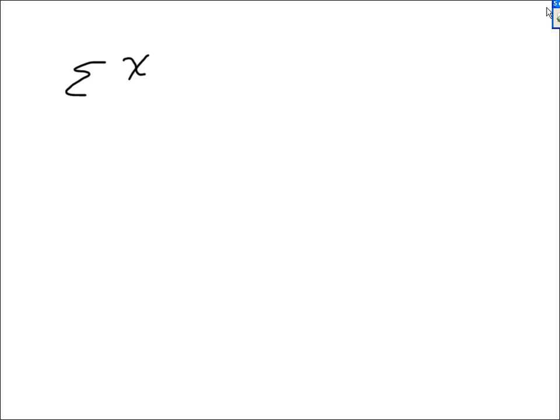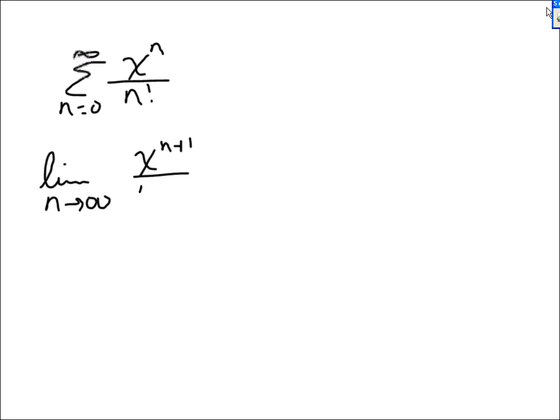Suppose you have x to the n over n factorial. What's the interval of convergence from 0 to infinity? Well, you can put the n plus 1 term down, n plus 1 factorial, and then take the reciprocal of the an term.